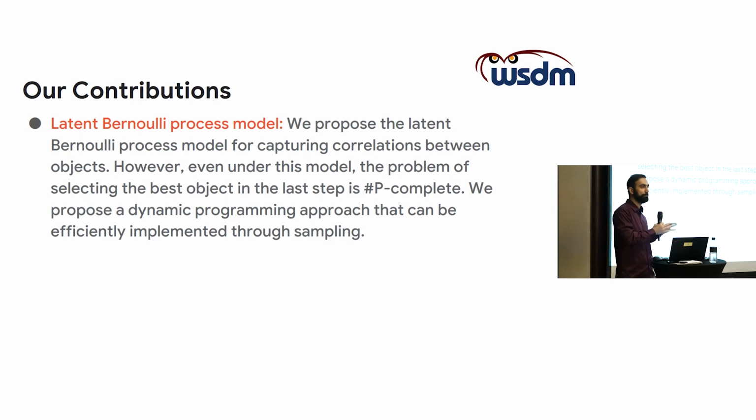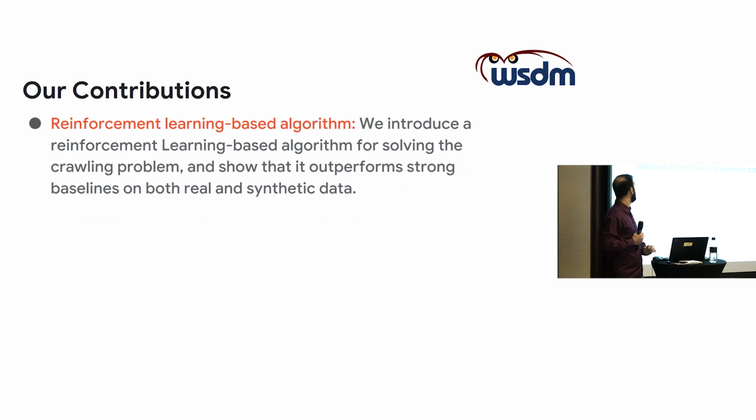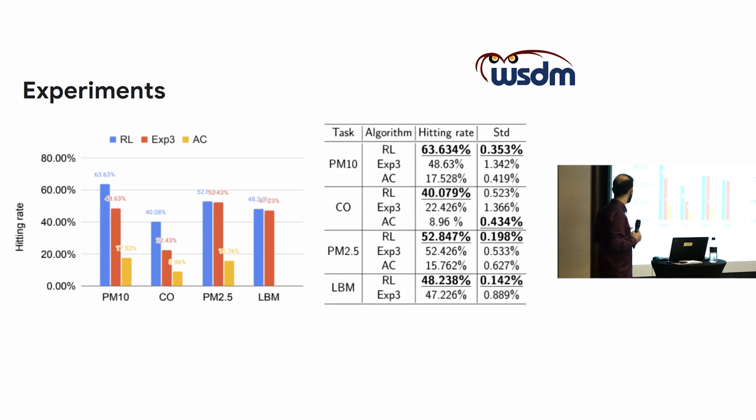Yet we can use sampling to solve this dynamic program approximately and do it efficiently. Then we propose another algorithm based on reinforcement learning. And this one works much faster and beats some good benchmarks.